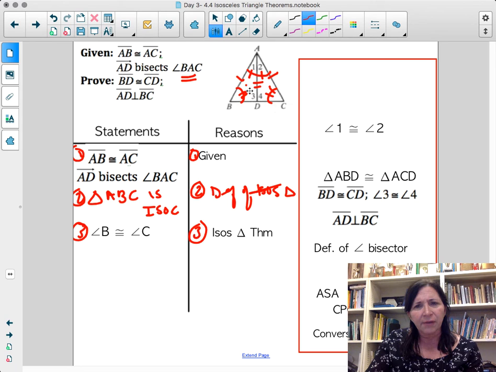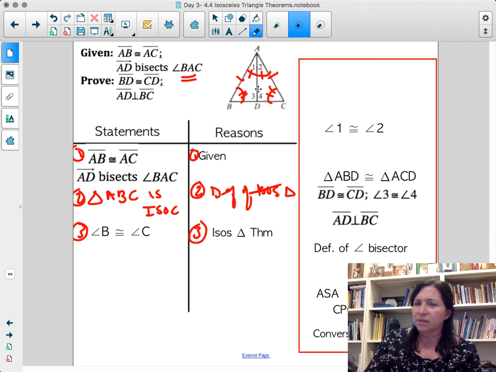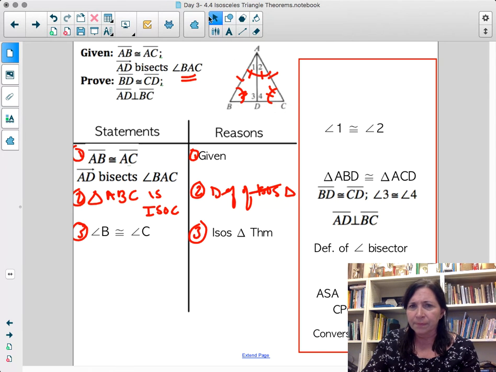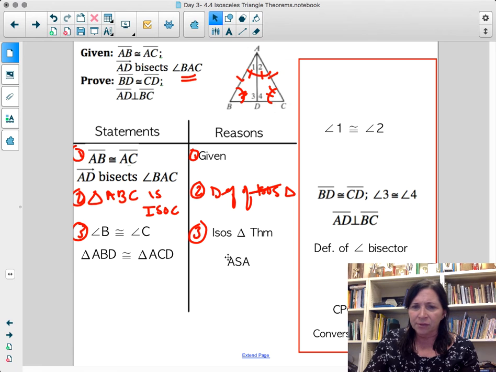Well, I should have enough information already to prove these two triangles congruent, and I'm going to say that's angle side angle. And do you know what? I actually did not need to say that AD was congruent to itself, because I already have angle side angle. So what I can say now is that the two triangles are congruent, and that's because of angle side angle.